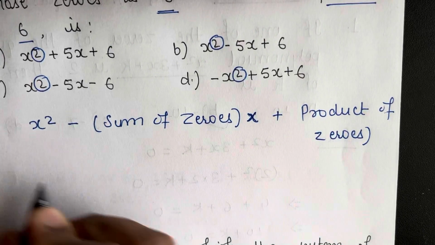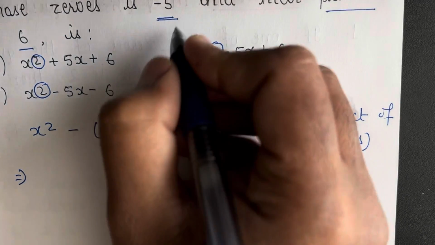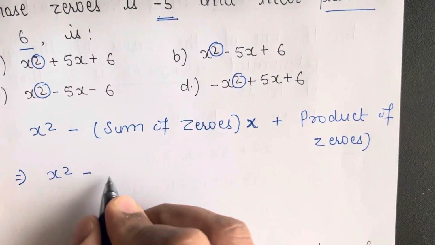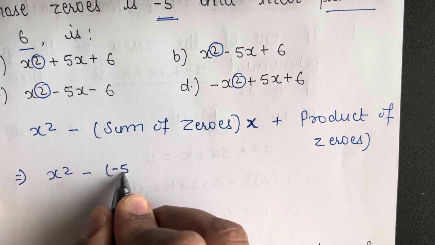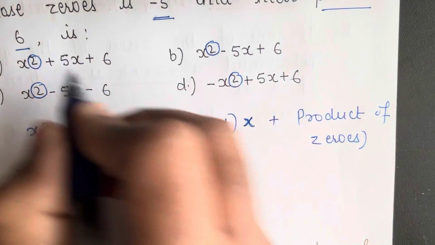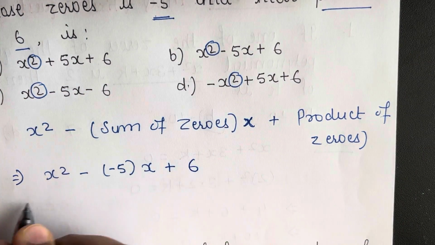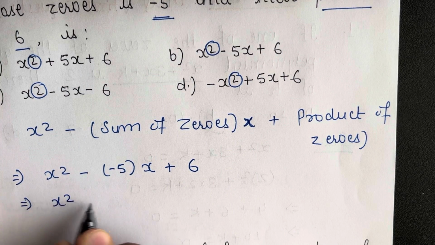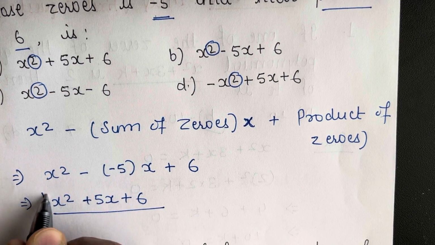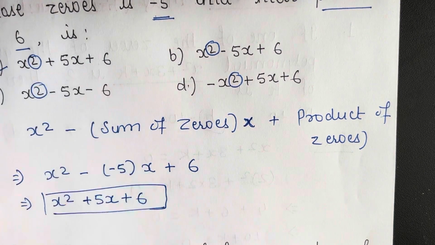If you place these values, it will be x square minus, sum of zeros is minus 5, so minus of minus 5 times x, plus the product of the zeros, which is 6. It will become x square plus 5x plus 6. That means the answer is A.